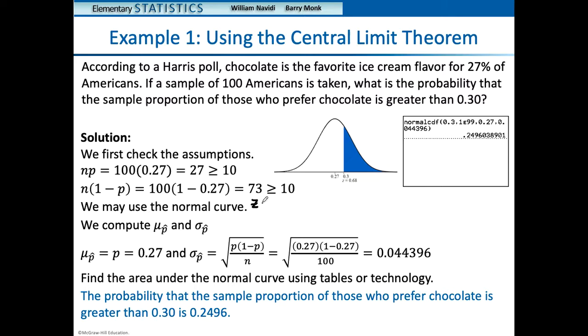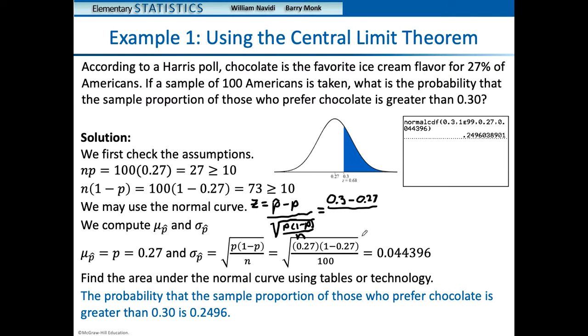Z is equal to p hat minus p divided by the square root of p times 1 minus p over n. Sorry for the lack of space there, right? So if we make that calculation, p hat is 0.3, p is 0.27.